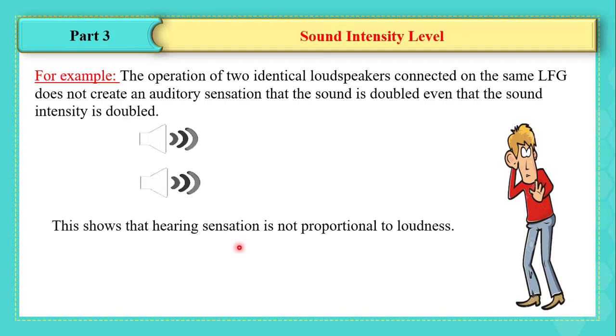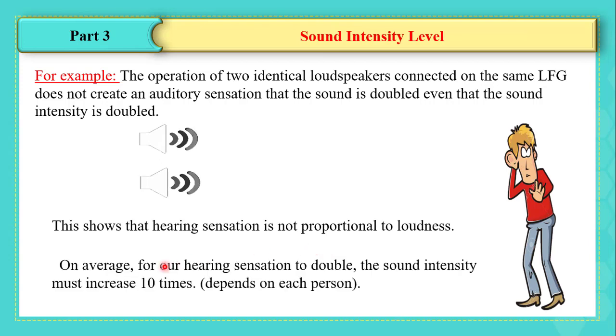This shows that hearing sensation is not proportional to loudness. On average, for our hearing sensation to double, the sound intensity must increase 10 times. And of course, it depends on each person.